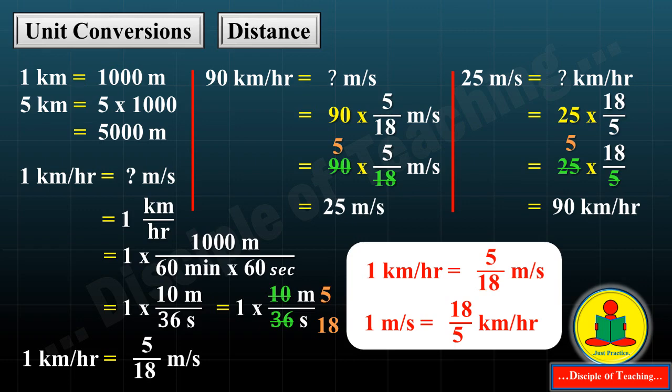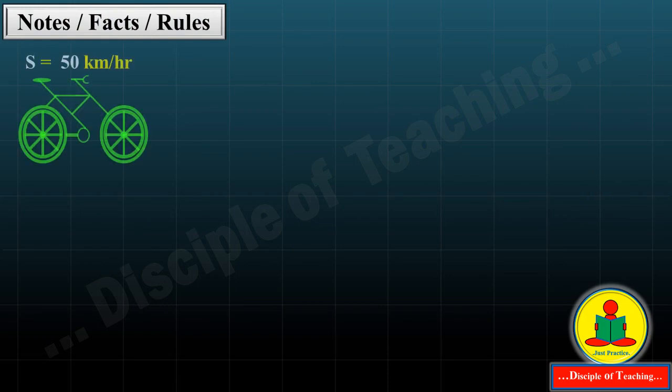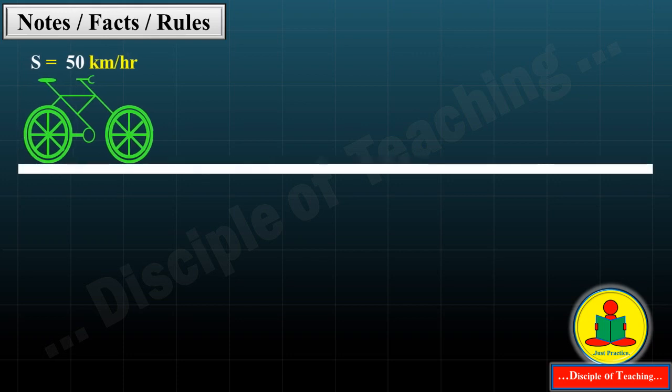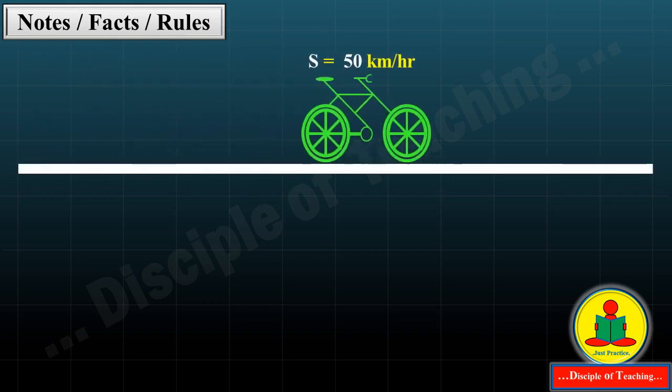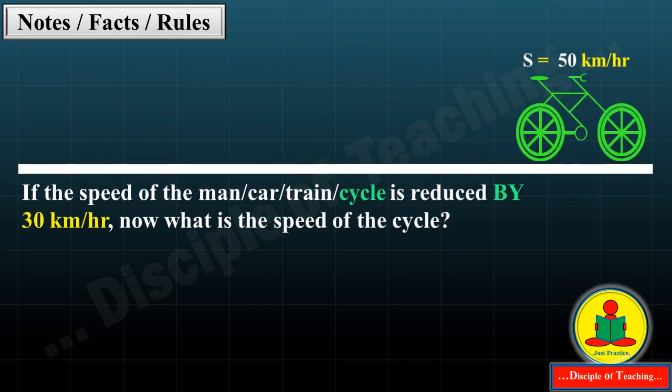That's it. Let's see some notes which are very much useful in solving problems. Consider a cycle traveling on a road with a speed of 50 km per hour. Then, if the speed of the man, car, train or cycle is reduced by 30 km per hour, now what is the speed of the cycle?